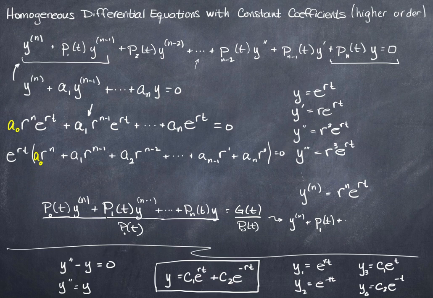And then my next term would be p sub 2 divided by p sub 0. I'm going to call that little p sub 2. And I forgot my y in here actually too. Let me back up a little bit. This is my y, the n minus 1th derivative of y.